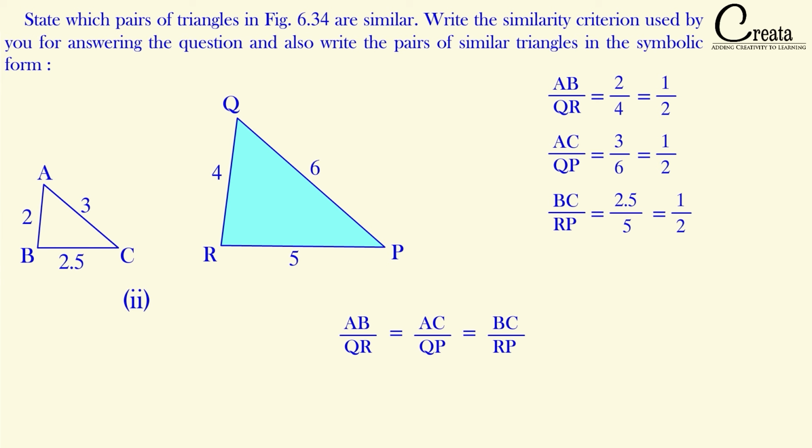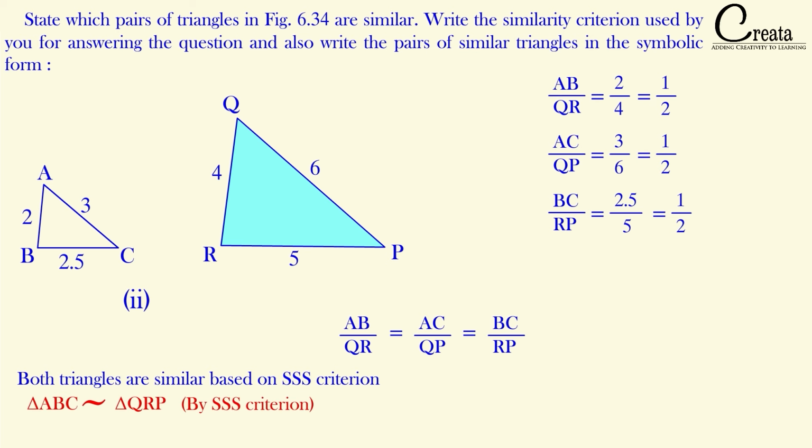These are the corresponding sides and the ratio of these corresponding sides is equal to 1 by 2, basically equal to each other. So we can say here both the triangles are similar to each other by SSS criteria, that is side criteria. But the trick is how we will write this triangle as similar. We will write triangle ABC is similar to triangle QRP.